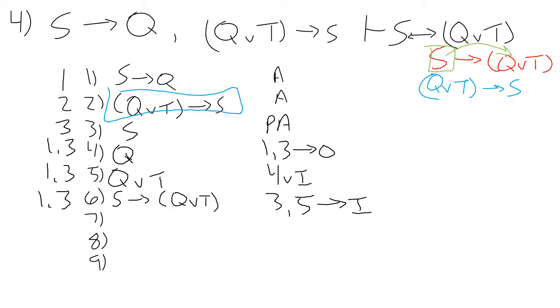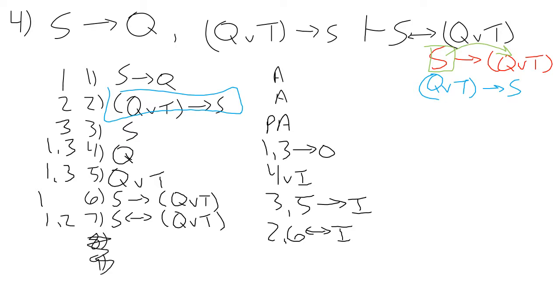We are dropping out the 3 because we're doing arrow in. And so now we got both of our conditional statements. We can introduce the double arrow there. So that would be from 2 and 6, double arrow in. 2 and 6 is 1 and 2. Other numbers not needed. So that's problem 4.